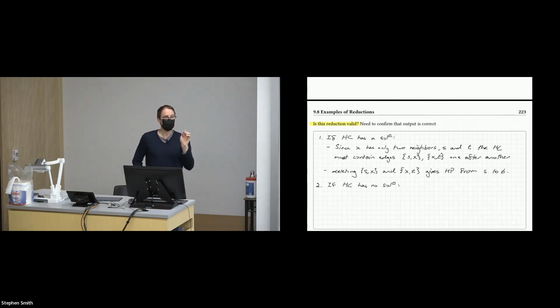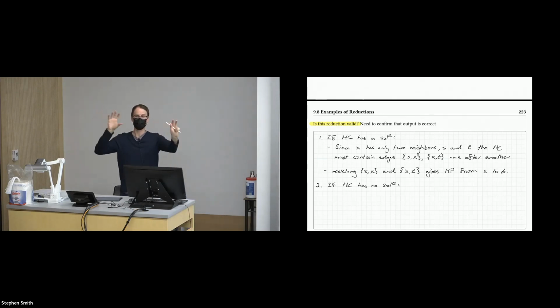If I'm trying to prove that, I can instead prove the contrapositive, I don't know if you've heard this term, which is to reverse the direction of my implication and negate both sides. So rather than showing not HC implies not HP, I would show HP implies HC. Reverse the direction of the arrow and negate what's on either end of the arrow. And they're equivalent statements.